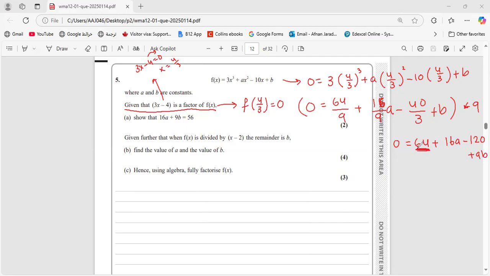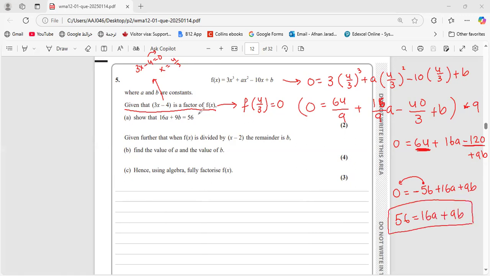So 64 minus 120 gives 0 equals negative 56 plus 16a plus 9b. Take negative 56 to the side: 56 equals 16a plus 9b. This is what you needed to show.